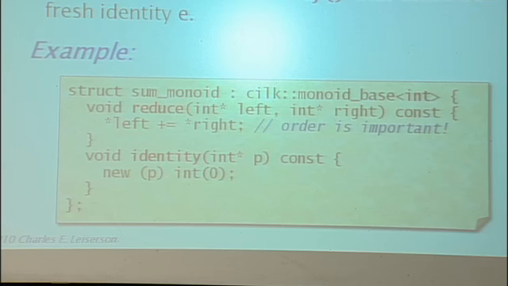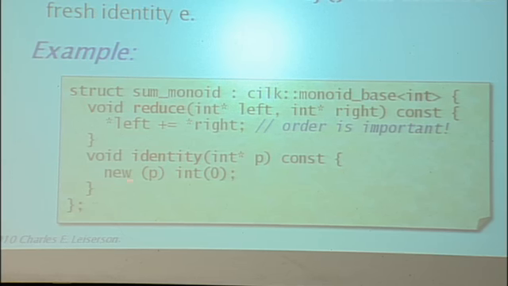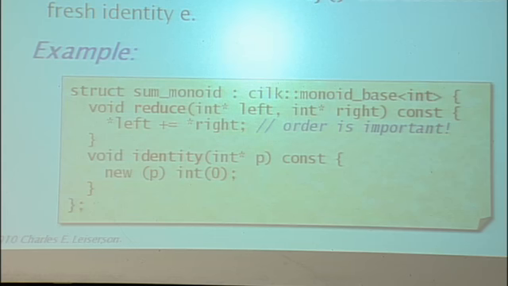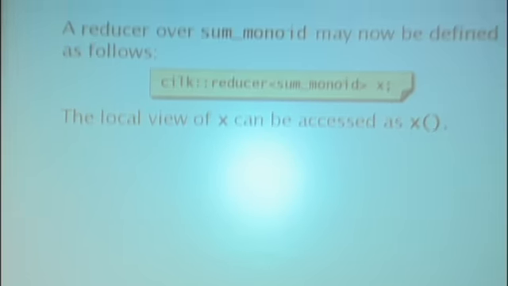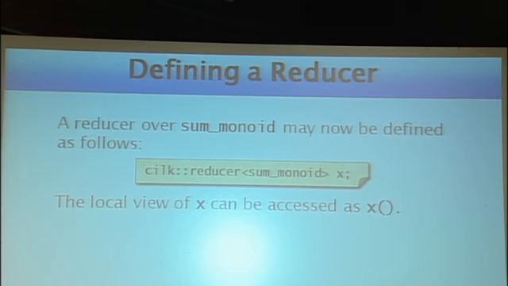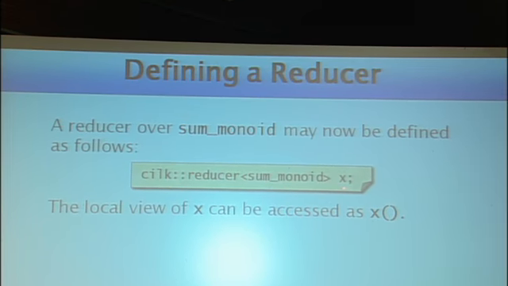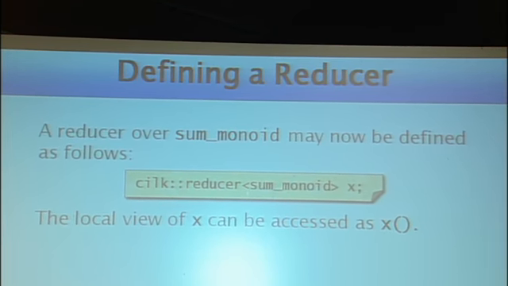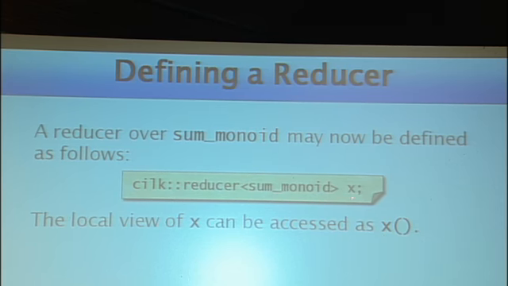And then you have an identity, which gives you, in this case, a new element, which is 0. And so you can now define the reducer as so. You just say silk reducer, the sum monoid you've defined, and x. And now the local view of x can be accessed as x open close parenthesis.